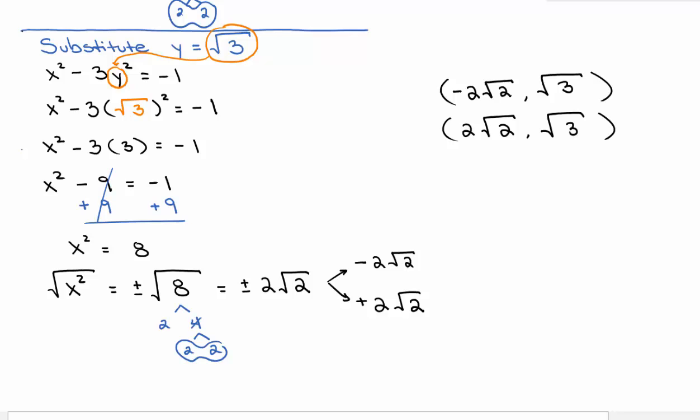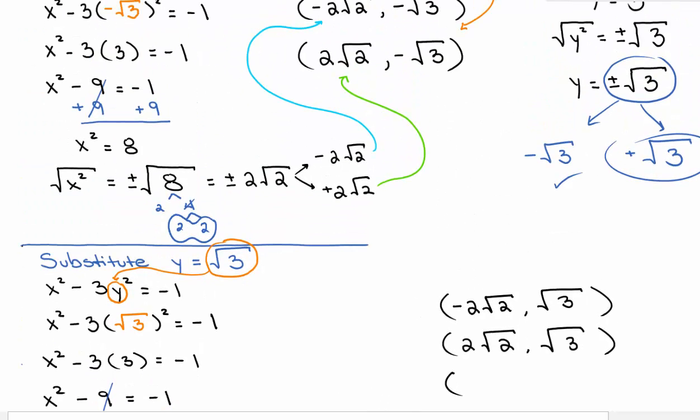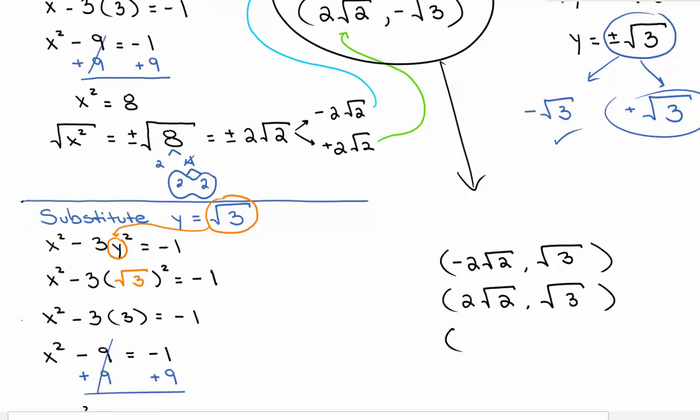I'm going to go ahead and write down the two ordered pairs that we had found previously right here so that I can have all of my answers together. Remember, they were up here in the work we had done previously. I'm just going to copy them down below the two ordered pairs that I just wrote down. So we had negative 2 square root of 2, comma, negative square root of 3.